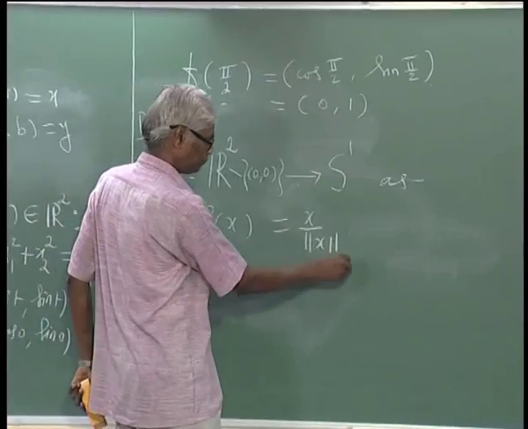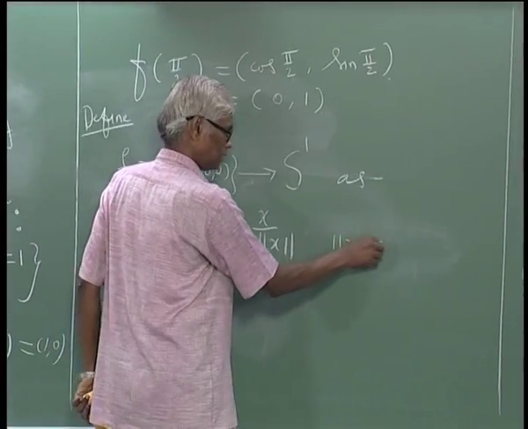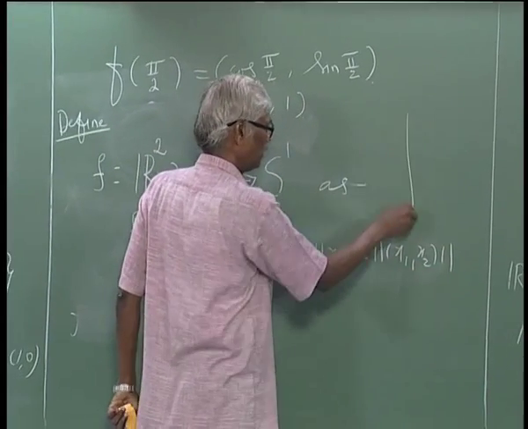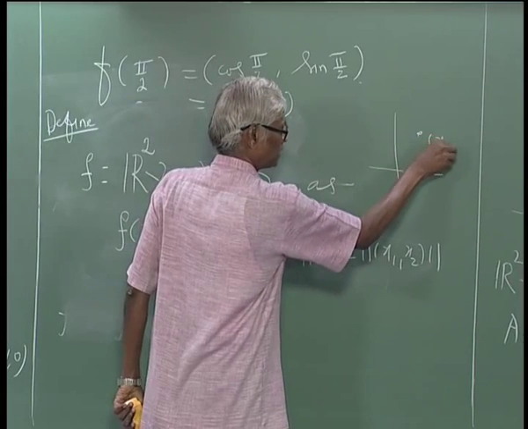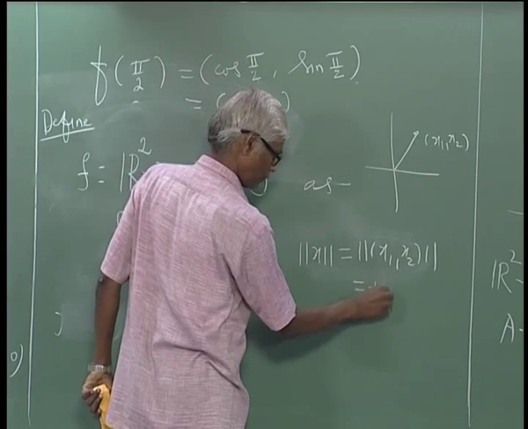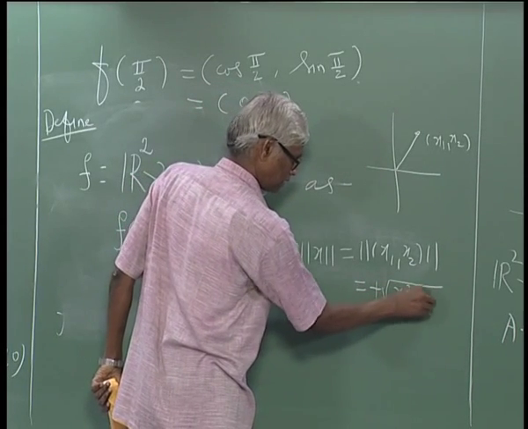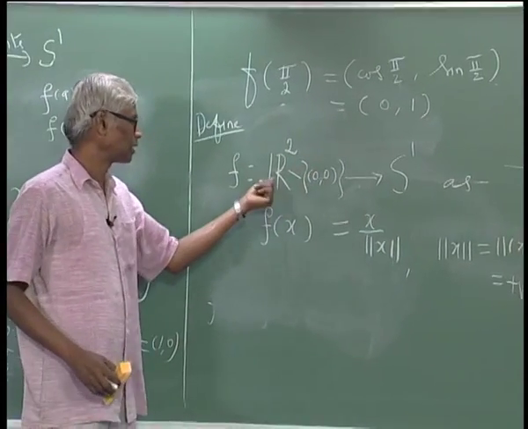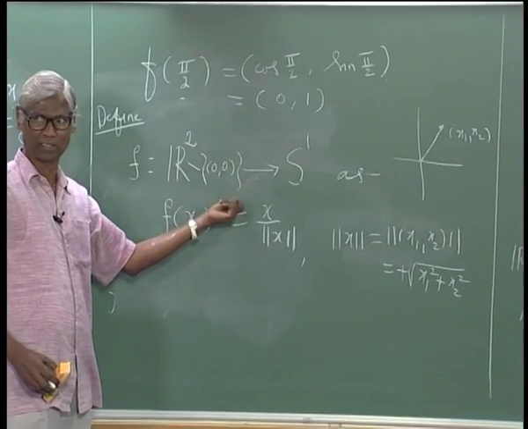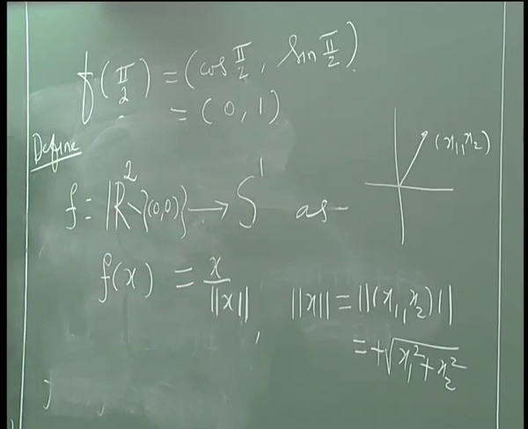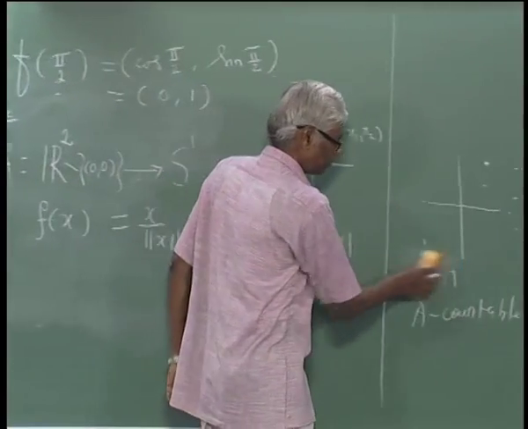Here the norm of x is the norm of the ordered pair (x1, x2), that is the usual length of the vector x, the positive root of x1 square plus x2 square. In that case, the continuous image of this pathwise connected space is S1, and hence S1 is pathwise connected. Also, one can give a direct proof.